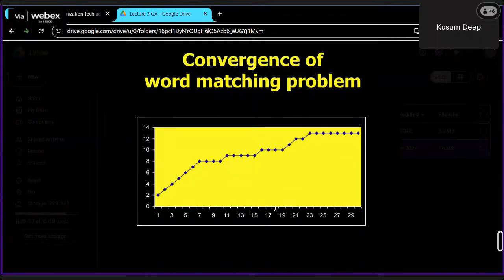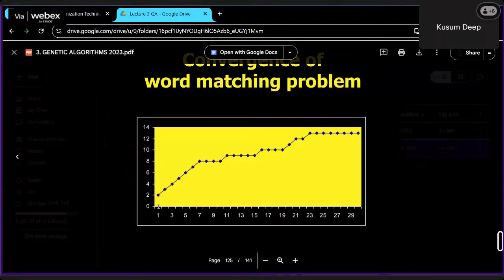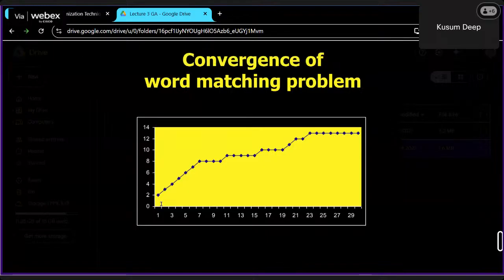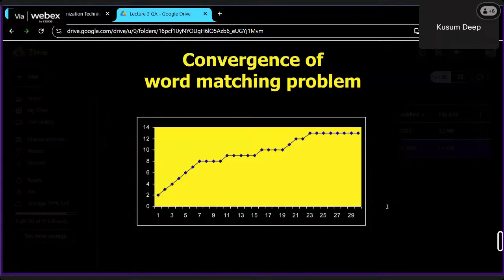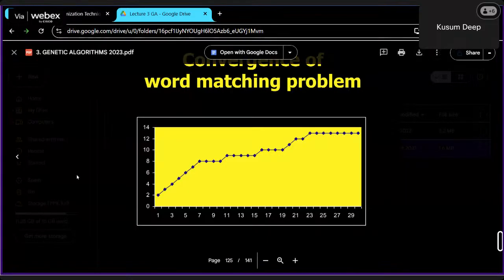If I represent the generation number on the x-axis and the fitness on the vertical axis, this is the behavior of the objective function of the best chromosome. Similar problems of text matching, video matching, and audio matching can be done very conveniently and in a fair amount of computational time.